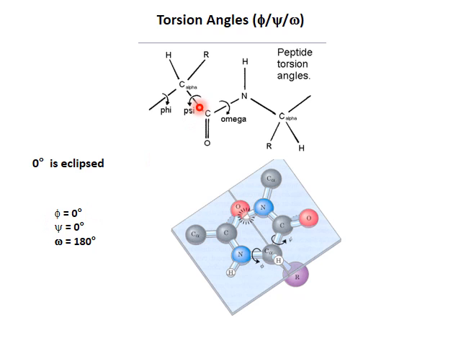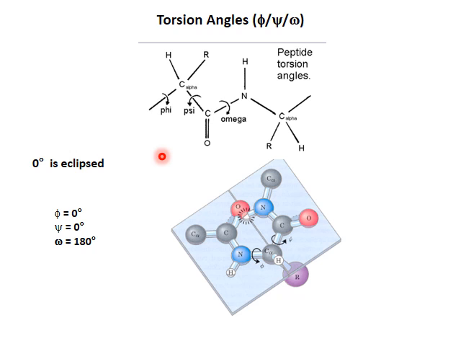In the case that's shown here, this would be your psi angle, and this is your phi angle. They will vary based on the secondary structure, and there are certain ranges of angles that are possible based on the secondary structure that's formed.